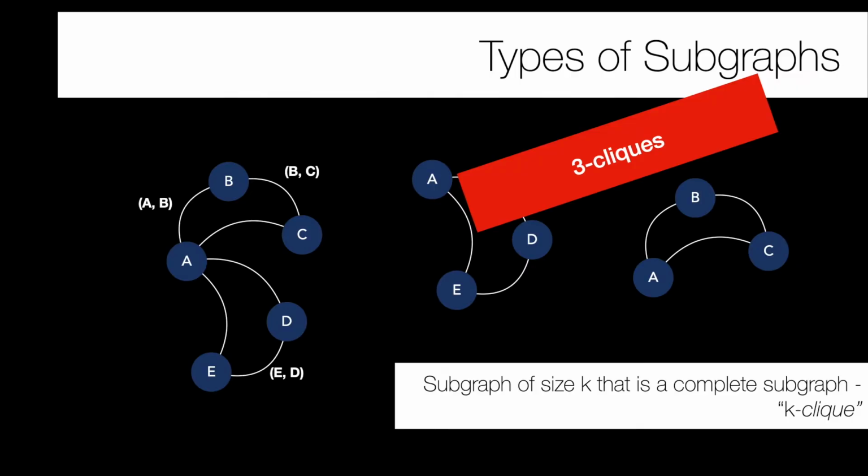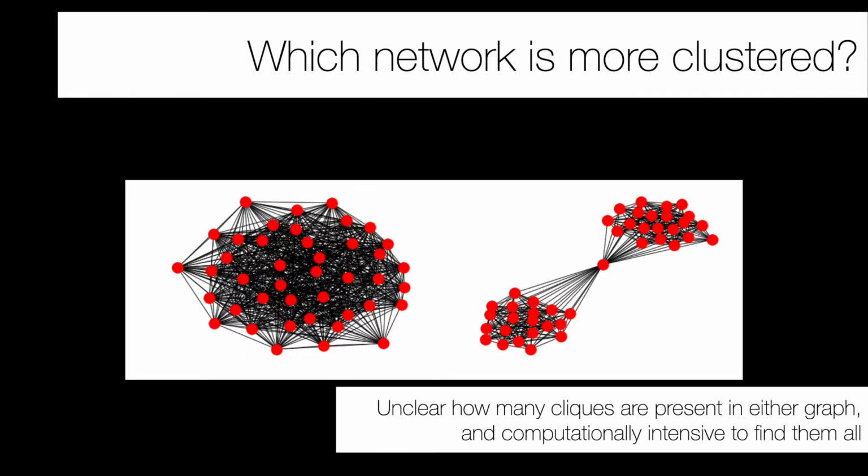We've talked about cliques before, where we can count the number of cliques of size k, and perhaps you could approach this problem this way and say, what's the largest k clique that we can find in both networks? And then do some comparison. But the issue here is there may be many cliques present in these graphs, and it's computationally intensive to try and find all of them. We talked about how the clique problem is generally an NP complete problem.